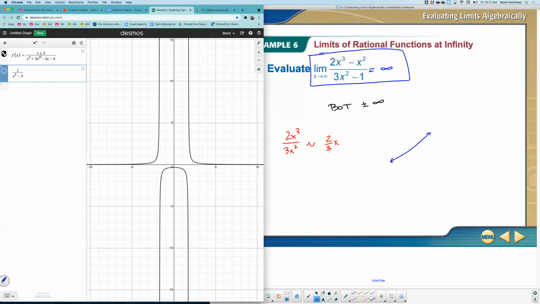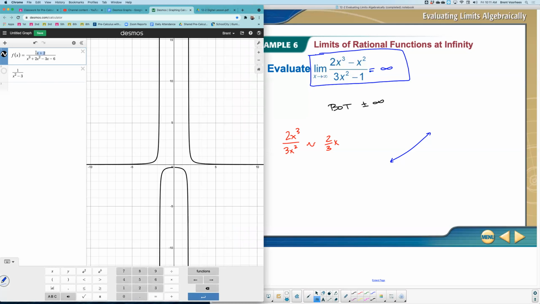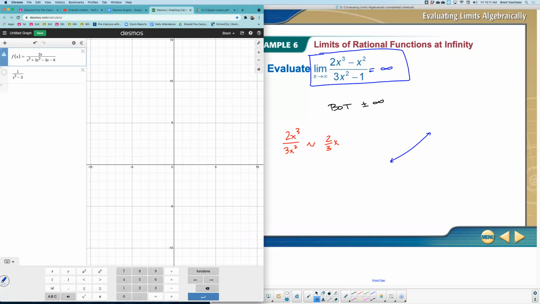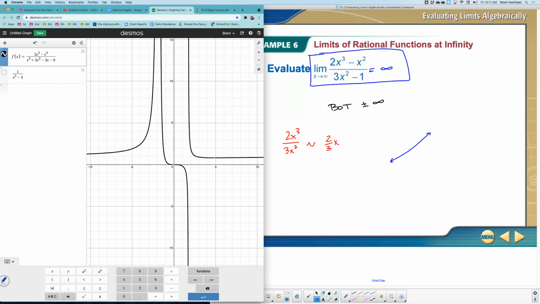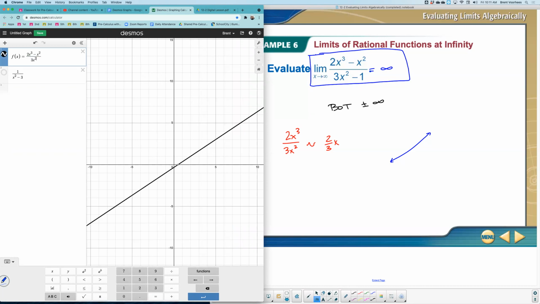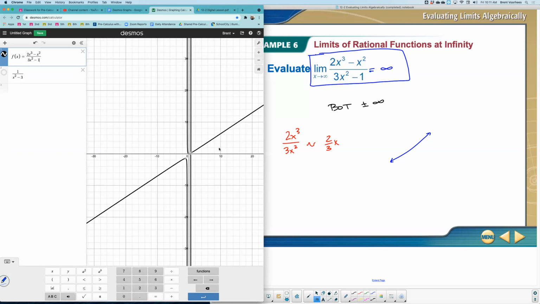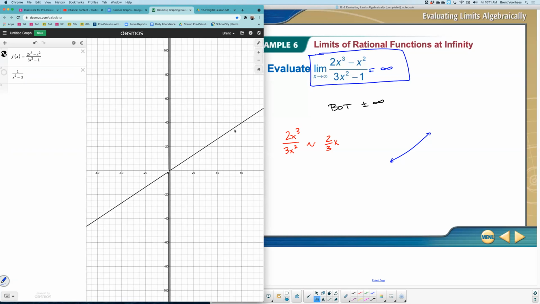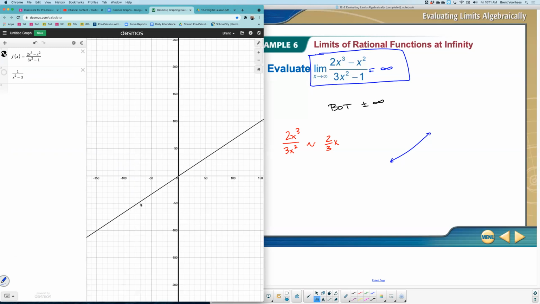If I wanted to look at 2x cubed minus x squared over 3x squared minus 1, as you zoom out, you'll see that it does look somewhat like a line, which means that as we go right forever, it does increase forever to positive infinity.